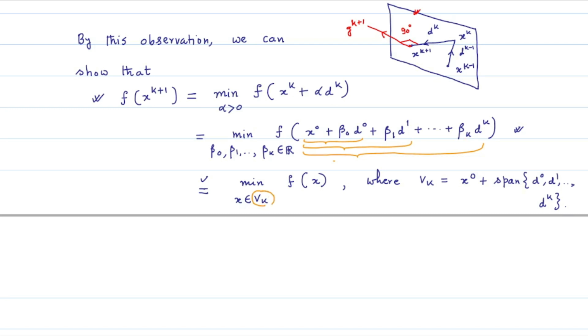So as k increases, little by little, we are filling up the entire n-dimensional Euclidean space Rn in the conjugate direction method.